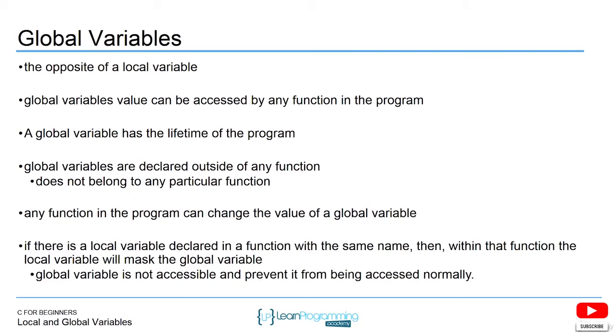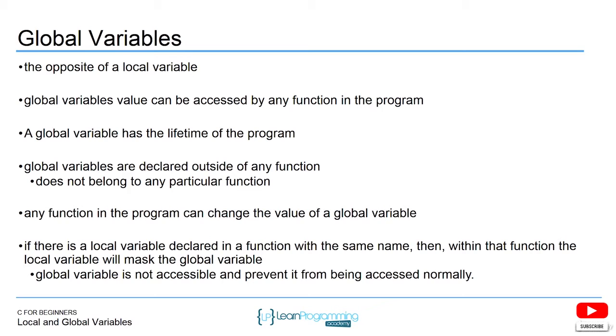If there is a local variable declared in a function with the same name as a global variable, then that function will use the local variable. It will mask the global variable. So if you have a global variable named x and a local variable named x inside of a function, the local variable is going to take precedence. It's not going to modify the global variable's data. If you assign to that variable, it's only going to modify the local variable.